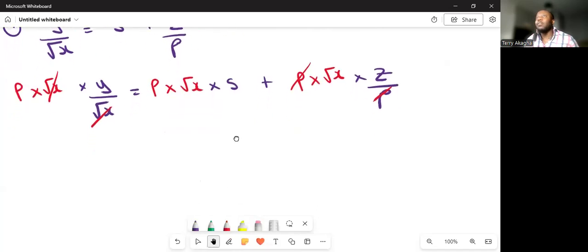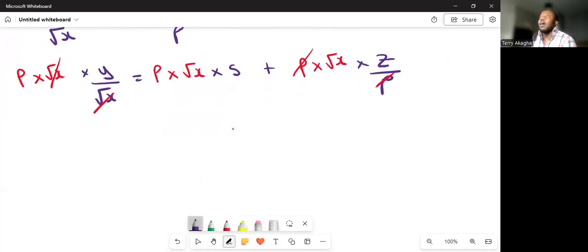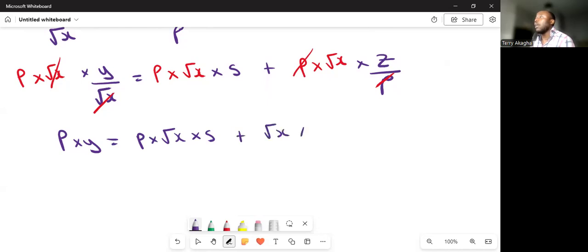After that, what you're going to have is p times y will be equal to p times square root of x times 5, plus square root of x times z. So it's going to give us py is equal to 5p square root of x plus z square root of x.